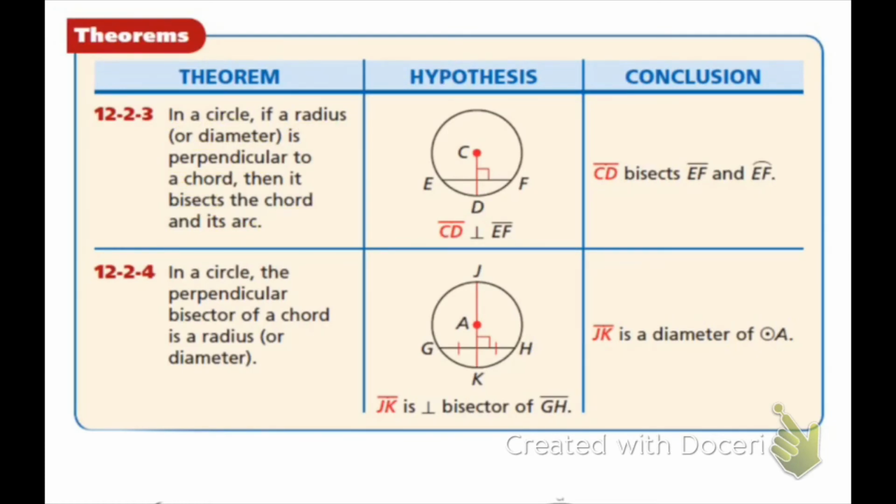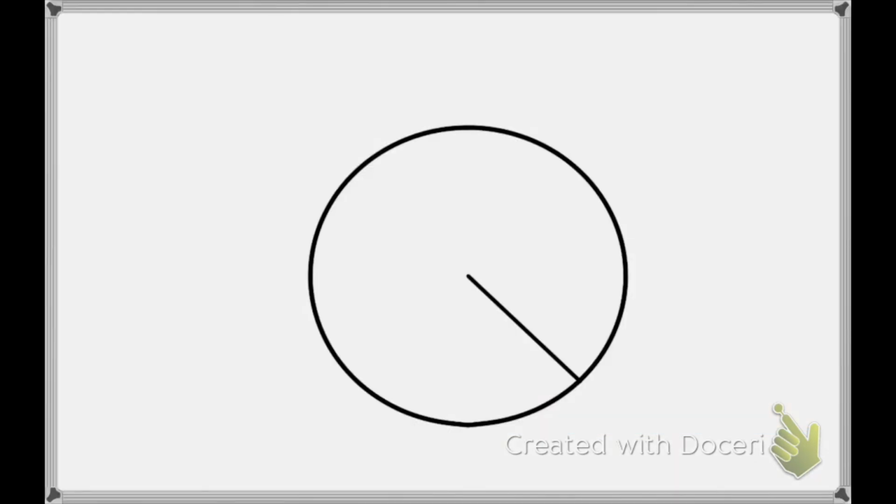Alright, so our last theorem for today, theorem 12.2.3. If you have a circle and if the radius or diameter, either one works, if it is perpendicular to a chord, then it bisects the chord and the arc. So if I take the radius of a circle, and if it is perpendicular to any given chord, it could be that one, it could be this one, it just has to be perpendicular to it.